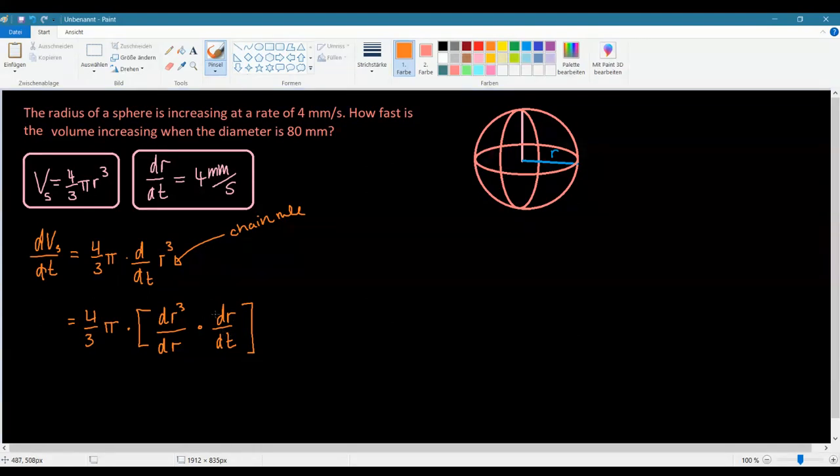Well, okay, sorry, did I get those variables correct? The outer function is r cubed, and the inner function is r. Seems like the outer function should be t cubed because we're differentiating with respect to t. Let me think for a second.